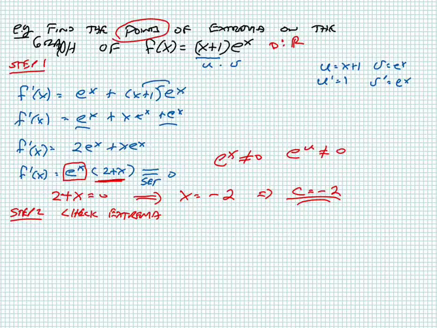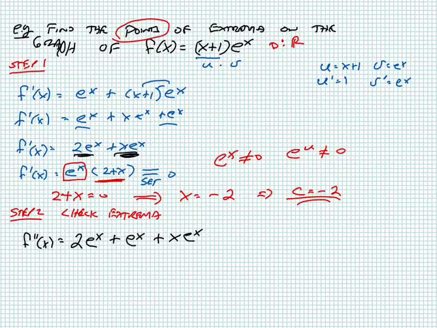And so my second derivative, f double prime of x, is going to be, let's see, the derivative of 2e to the x is just going to be 2e to the x. And then the second one, I'm going to have to use the product rule. So it's going to be plus the derivative of the first, which is 1, times the second, plus the first times the derivative of the second.